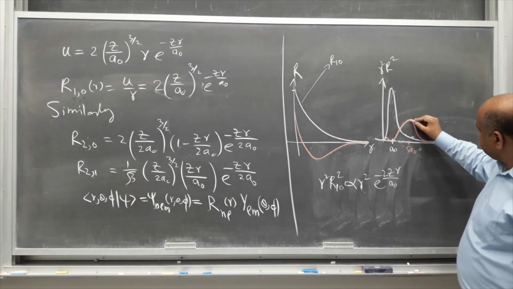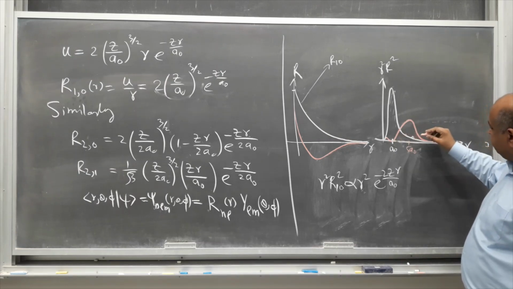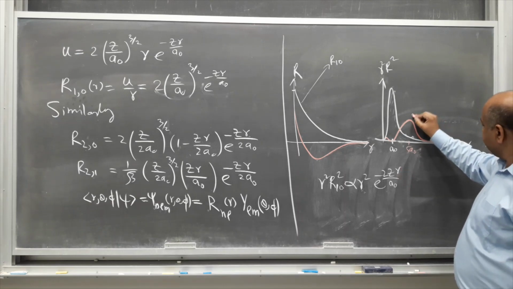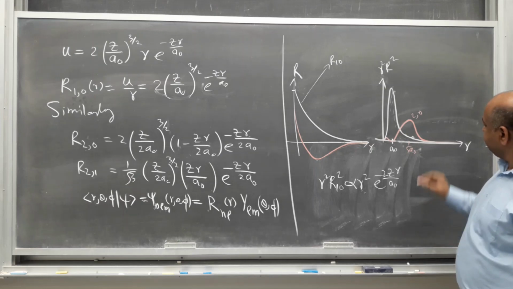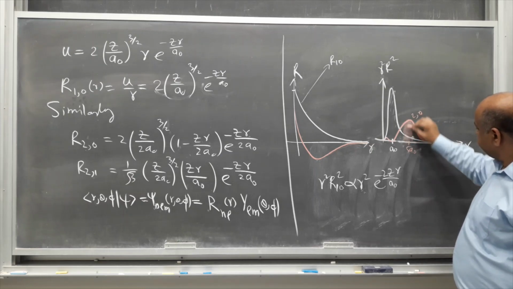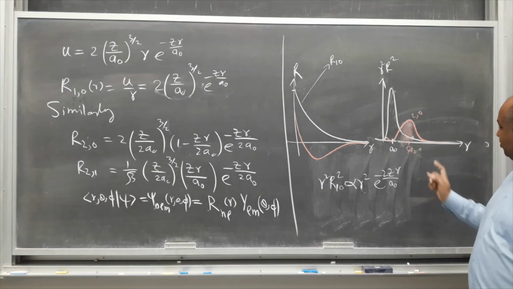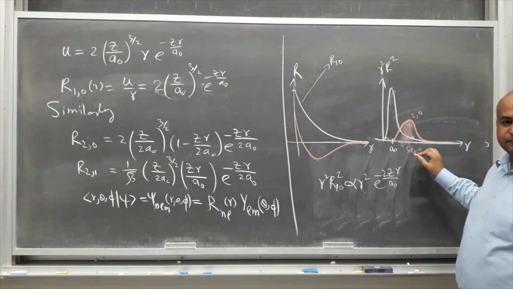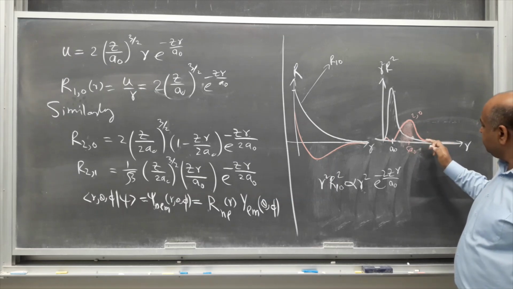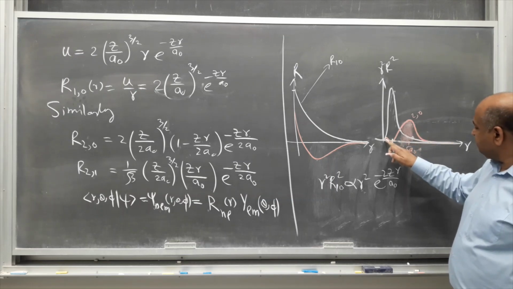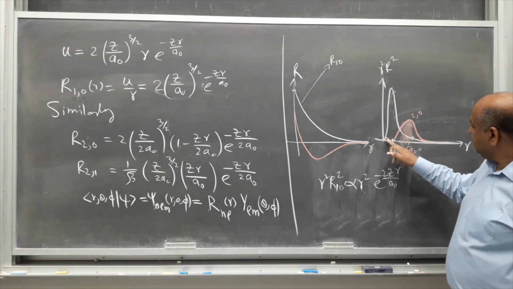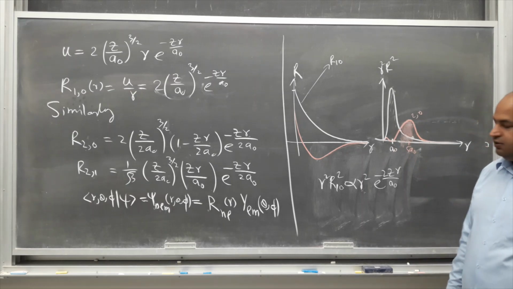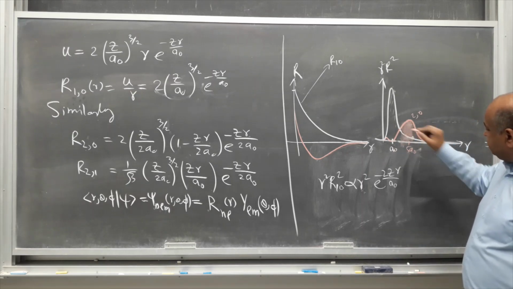And we can see that this tells us that the probability of finding the particle in the n is equal to 2 and l is equal to 0 state is maximum somewhere in this region. However, the important thing to remember is that it's non-zero over quite a large range. So even an n is equal to 2 electron can be found, even though with a very small probability, in a similar region where an n is equal to 1 electron is being found. And similarly, there's an overlap with this function as well.